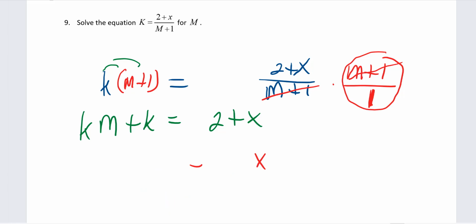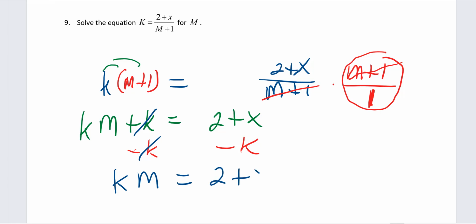But we don't have just km. Somehow we need to get rid of this k that's right here. How do I get rid of the k? Well, since the k is being added, I subtract it from both sides. So I'm now going to have km, because those cancel, equals 2 plus x minus k.